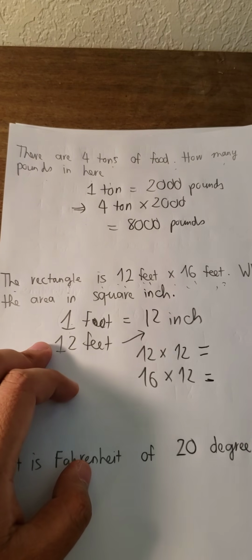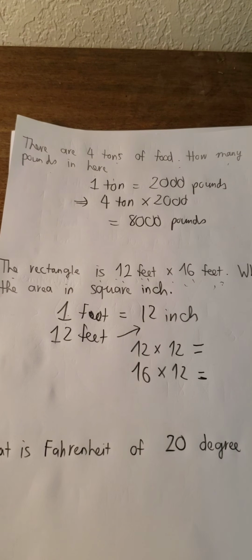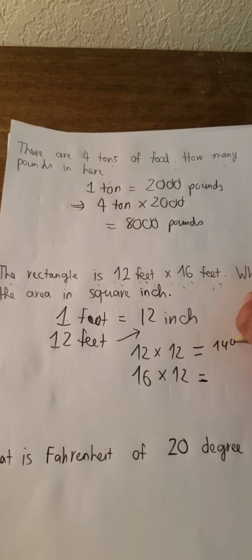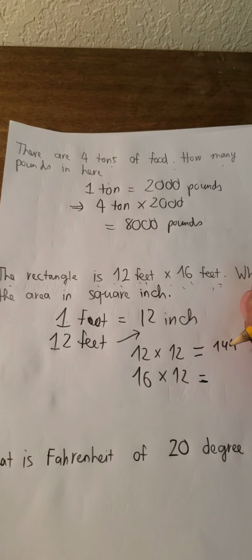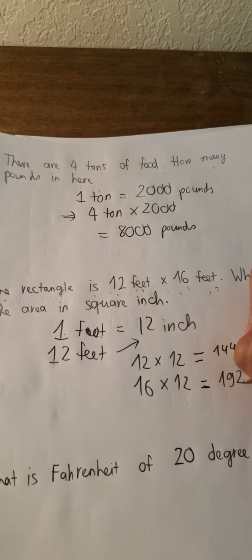So 12 multiplied by 12 is equal to 144. And 16 multiplied with 12 is 192.